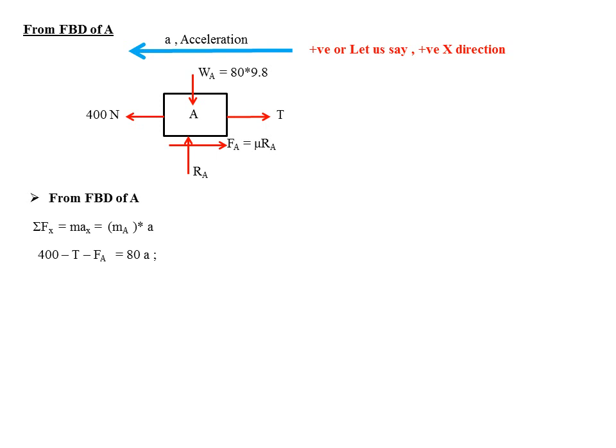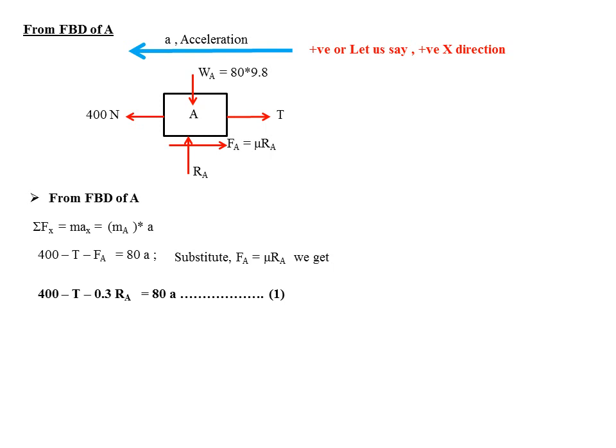Since there is acceleration in the x direction, the resultant force is equal to mass into acceleration. Now you can substitute FA equal to mu RA in the equation, then we get 400 minus T minus mu RA, where mu is already given as 0.3, so 0.3 RA equal to 80 a. That is equation 1.